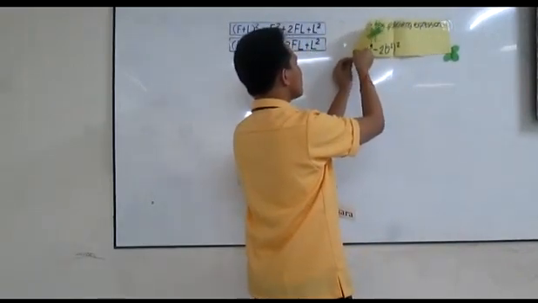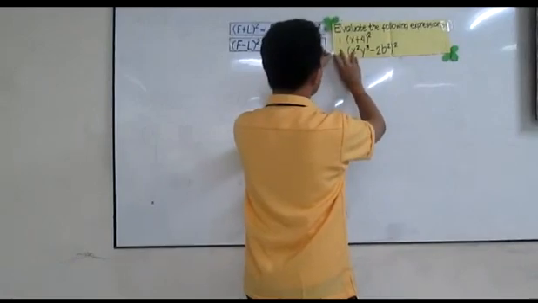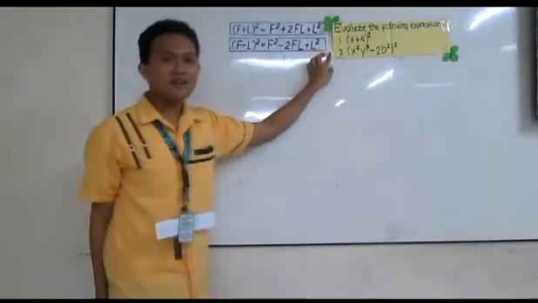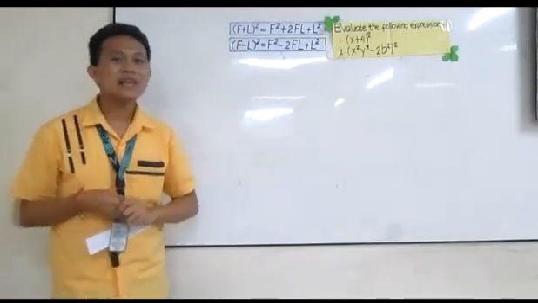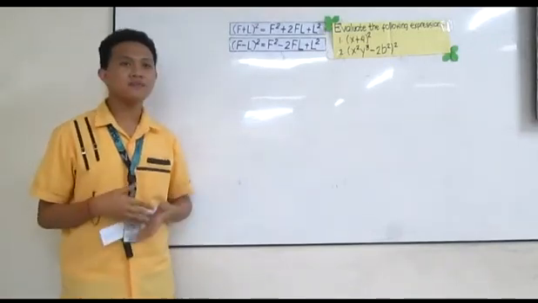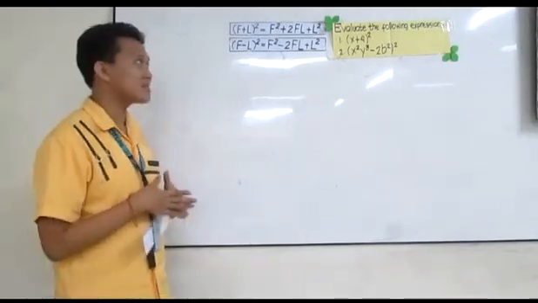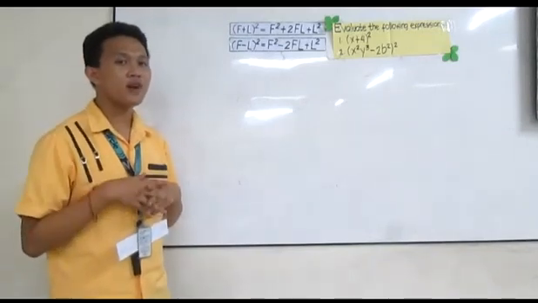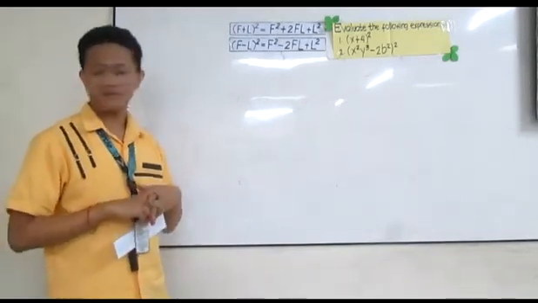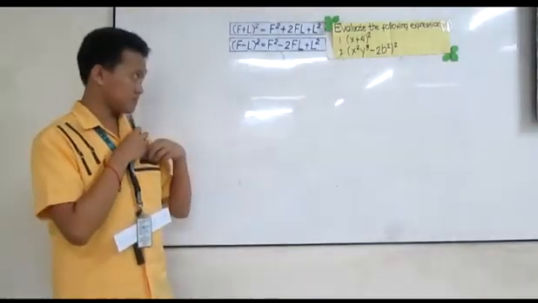Given number 1, we have quantity x plus 4 squared, or it can also be read as quantity x plus 4 raised to the power of 2. So let's try to answer number 1.